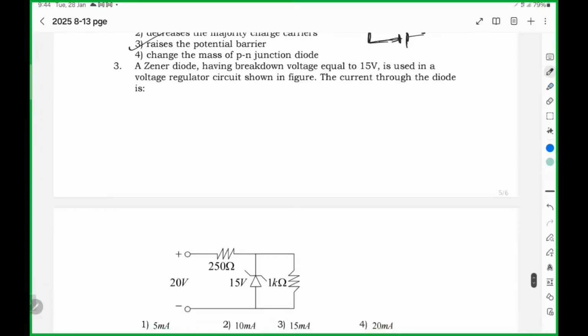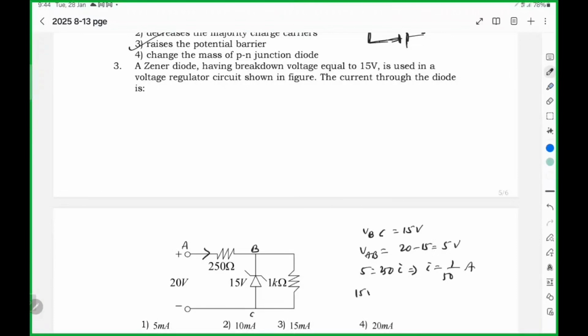Now the Zener diode. Let us say this is AB, with breakdown voltage, and the potential difference across BC is 15 volts. So the potential difference across AB is 20 minus 15, 5 volts. Then the current through this resistance, I here, is 1 by 50 amperes.